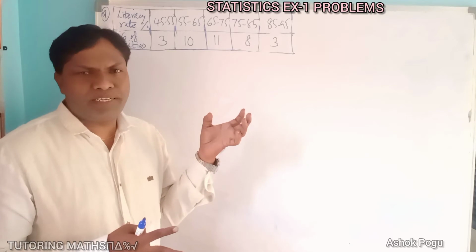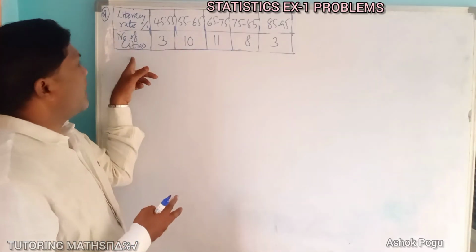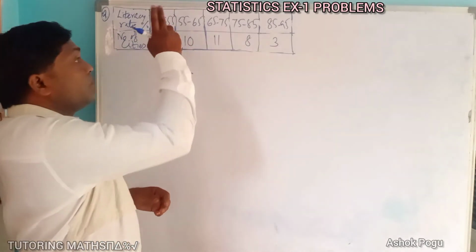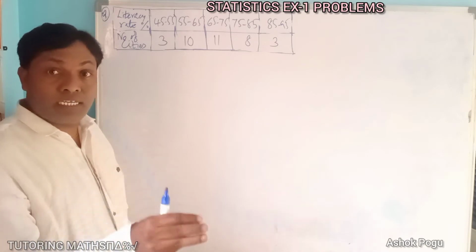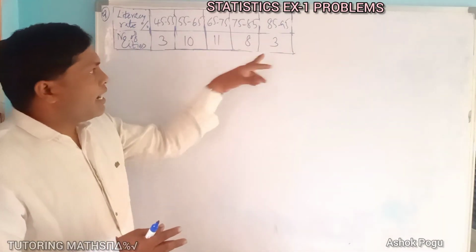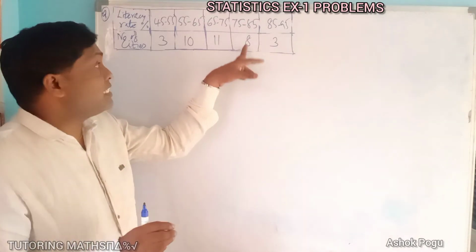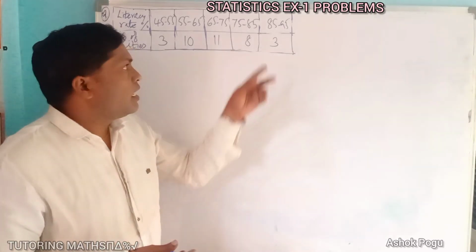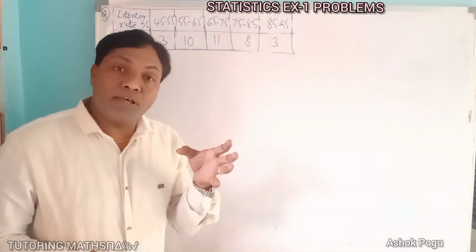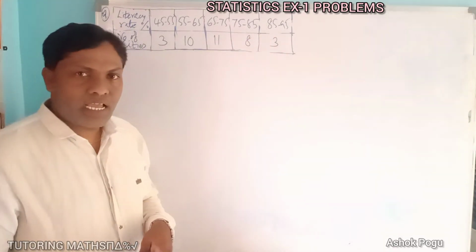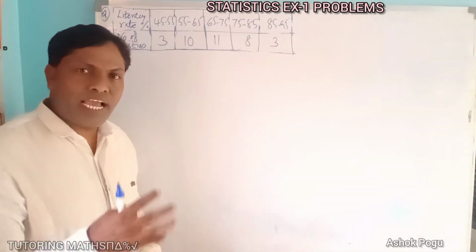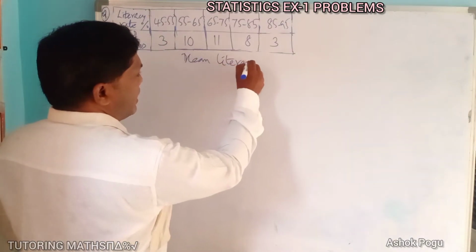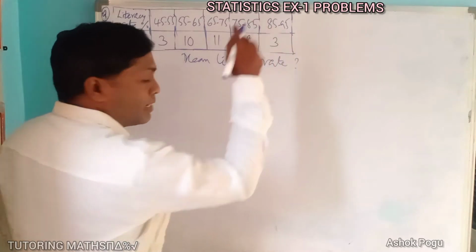So this is the literacy percent data recorded: number of cities and the percentage of literacy. 45 to 55 percentage of literacy was recorded in 3 cities, and here in 8 cities 75 to 85 percentage of people are educated, and 85 to 95 percentage of people are educated only in 3 cities. Now this is the data, and here we have to find the mean literacy rate.